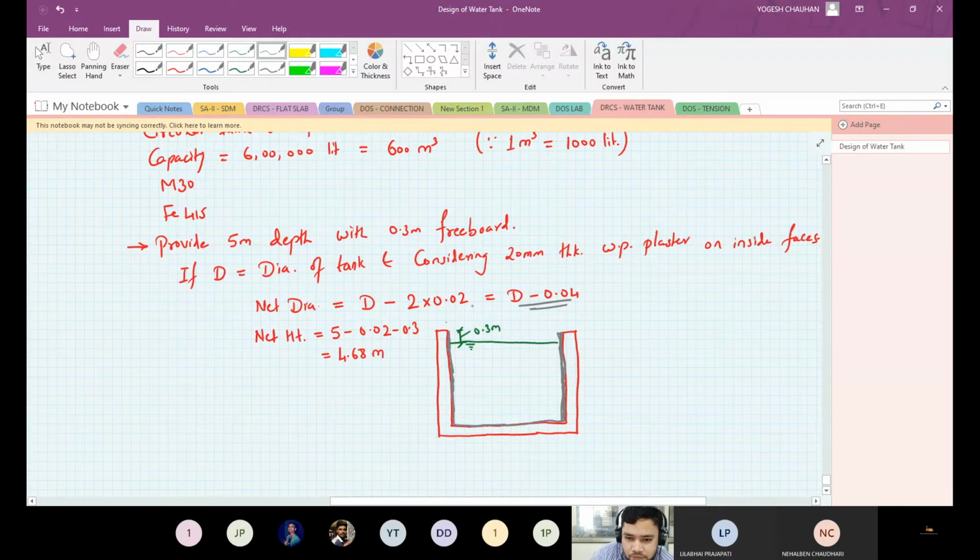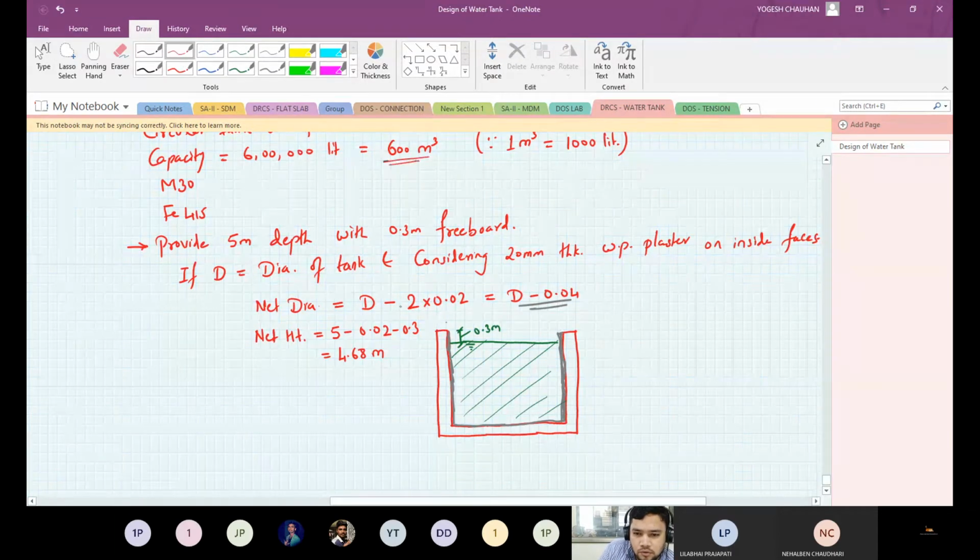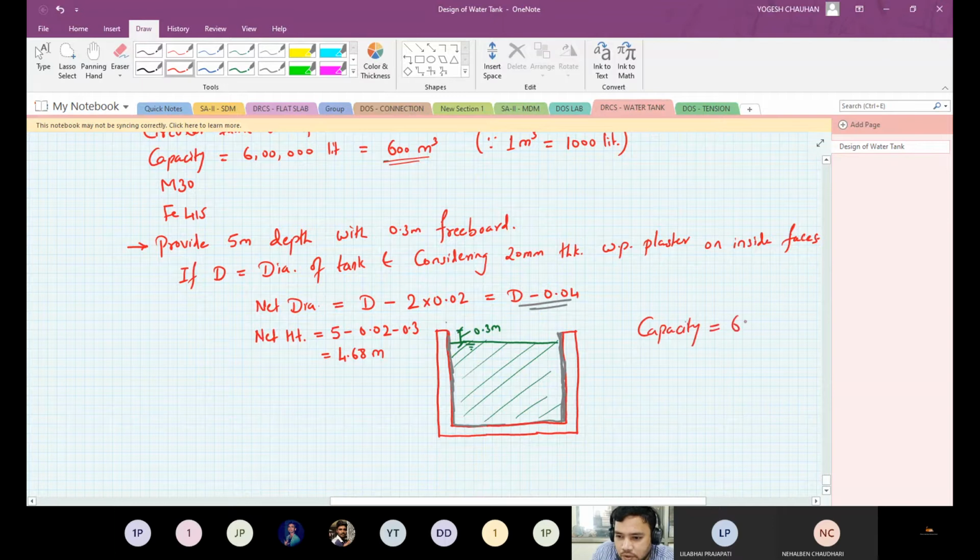The volume of water, or the capacity, is equal to 600 meter cube.